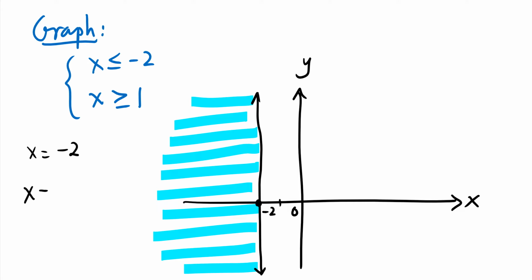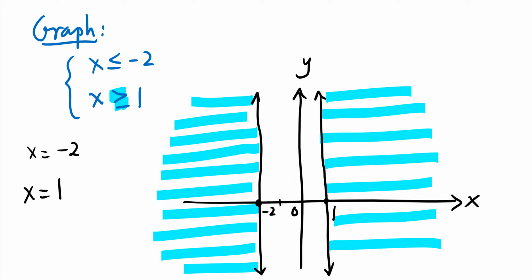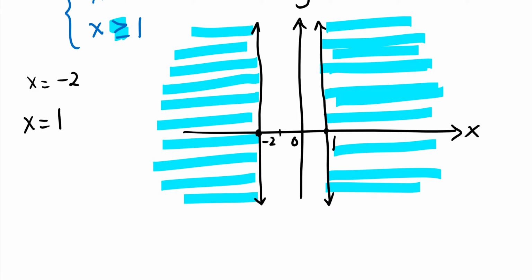The next equation, x equals 1. X equals 1 means it could be (1, 0), (1, 1), (1, 2). So it's another vertical line. And it says bigger than or equal. Bigger than or equal means to the right side. And we need to see where the two of them overlap. Notice the two shaded regions did not overlap, and they never will.